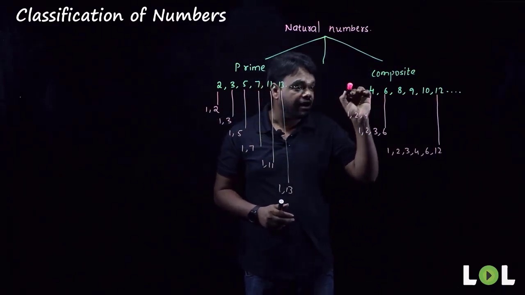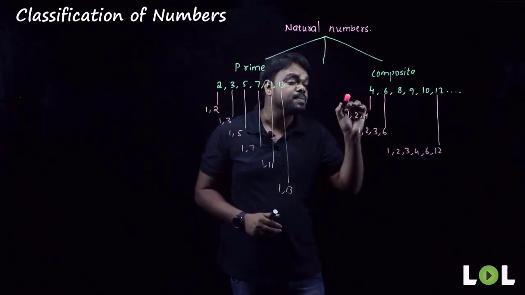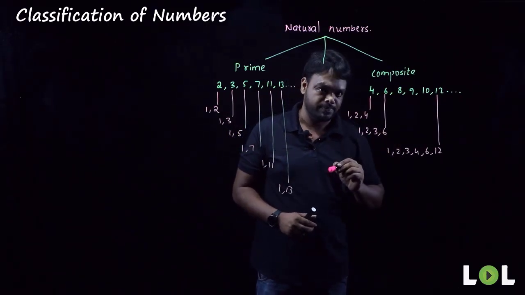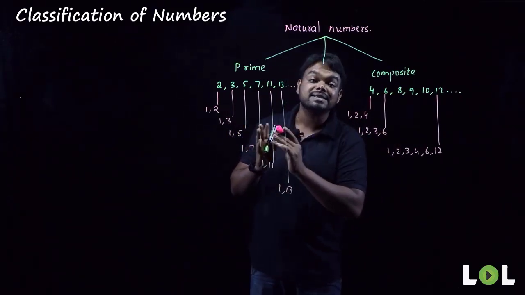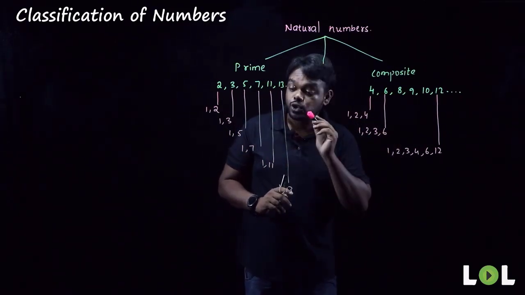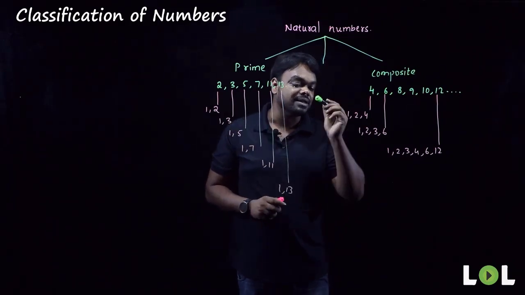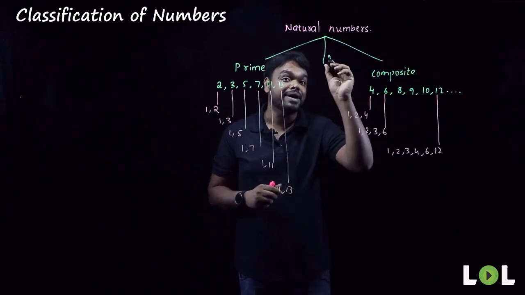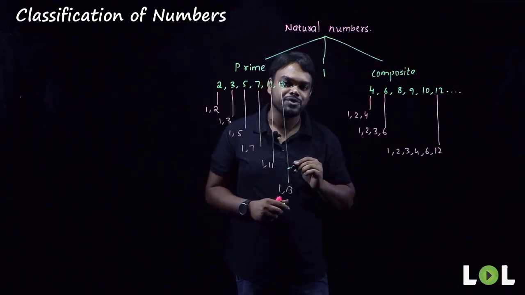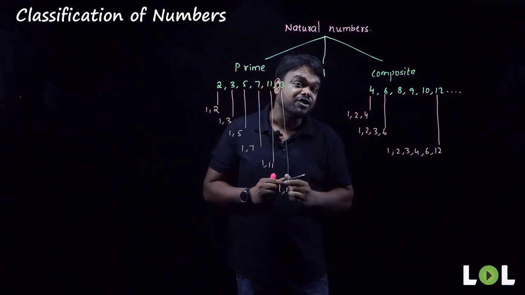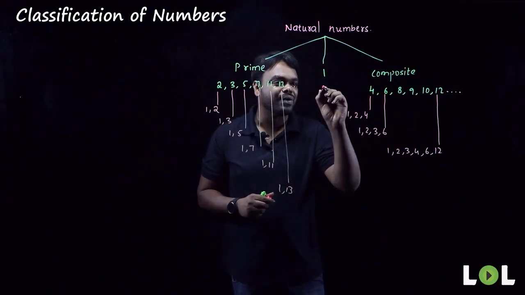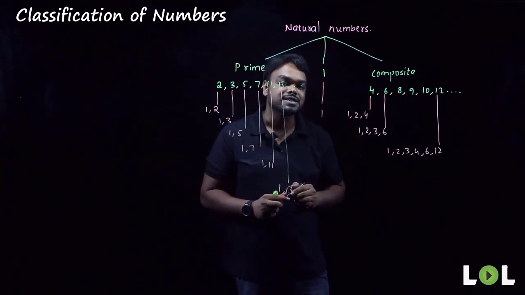Now if you see, every composite number has more than 2 factors, and every prime number has exactly 2 factors. Now the third type of natural number is 1. Why? What are the factors of 1? There is only one factor for 1, which is 1 itself.